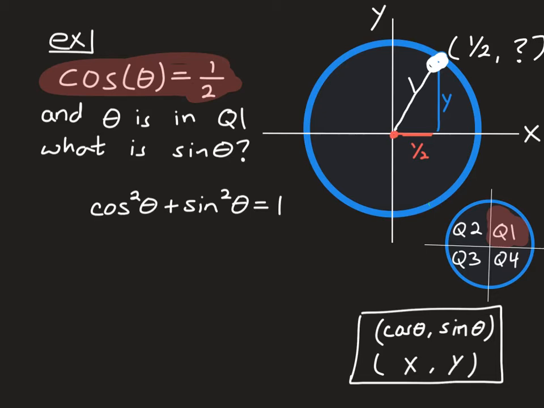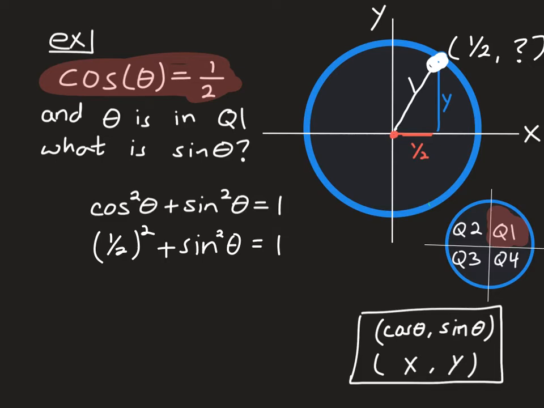That's the same thing. My cosine of theta was 1/2. So using this Pythagorean identity, I'm going to go 1/2 squared plus sine squared of theta, which is essentially my y value that I want to find, is equal to 1. And again, that was because the hypotenuse is 1 squared, which is just 1.